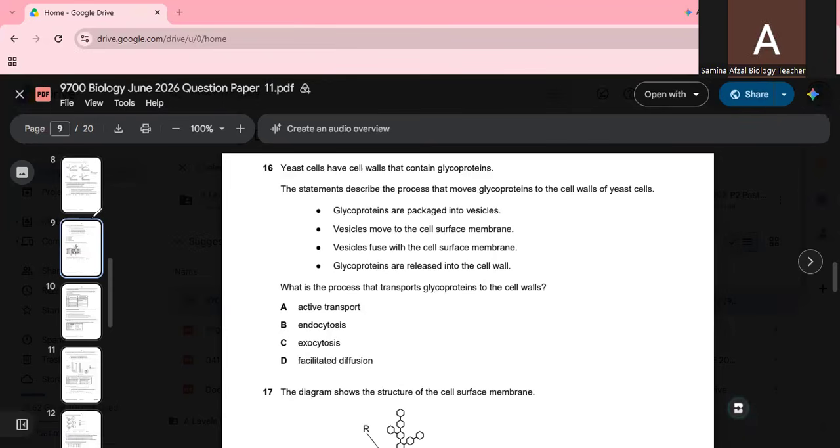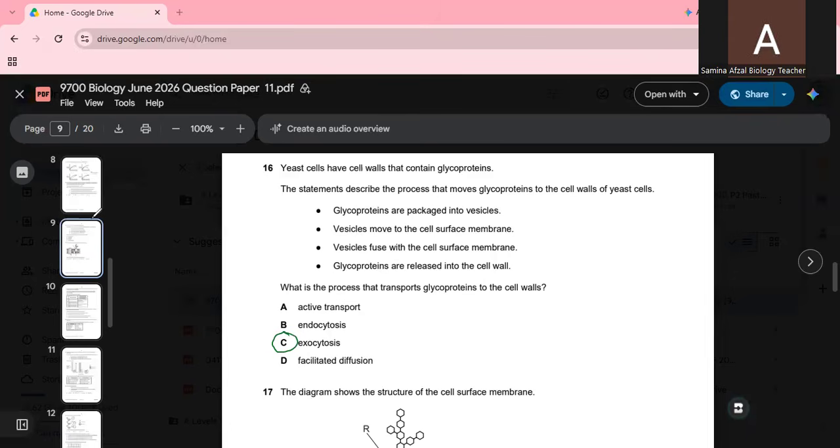So according to this, you know that this is a process which is called exocytosis. Exocytosis is a bulk transport process where secretory vesicles fuse with the cell surface membrane to release their contents outside the cell. So C is the correct option. And you know that active transport is the process in which the molecules move against the concentration gradient by using energy.